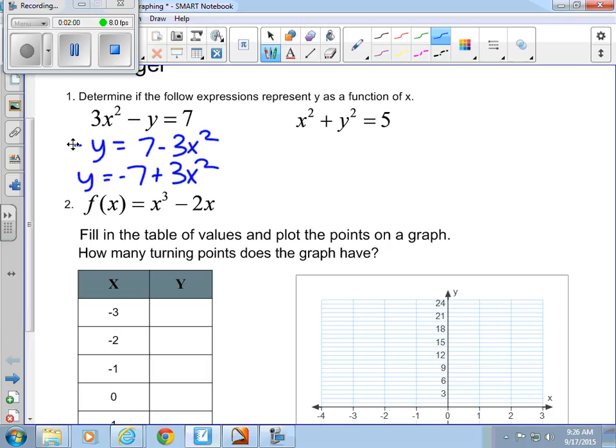It is. Sorry. Y is negative, but then I'm going to divide that to get it completely by itself. Sorry, my little cursor was on top of that.